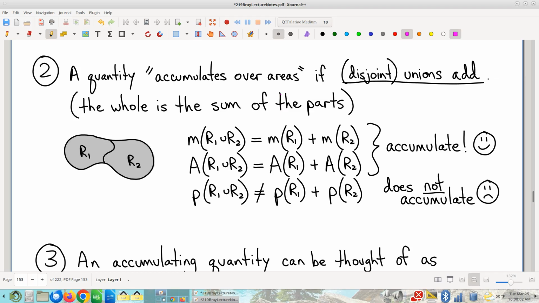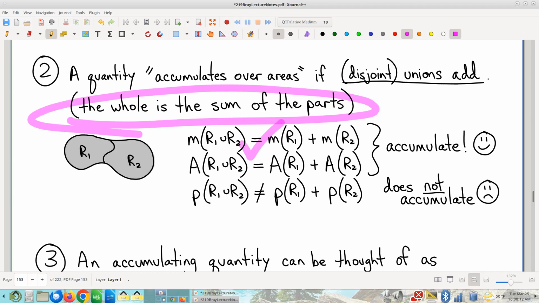Okay, all right. So we have this idea of an accumulating quantity, and what we saw last time about accumulating quantities is that whenever this happens, whenever the whole is the sum of the parts, like so, right? By the way, don't take it for granted. Doesn't work for perimeter, right? You've got to be careful. You've got to make sure that your quantity actually is an accumulating quantity.